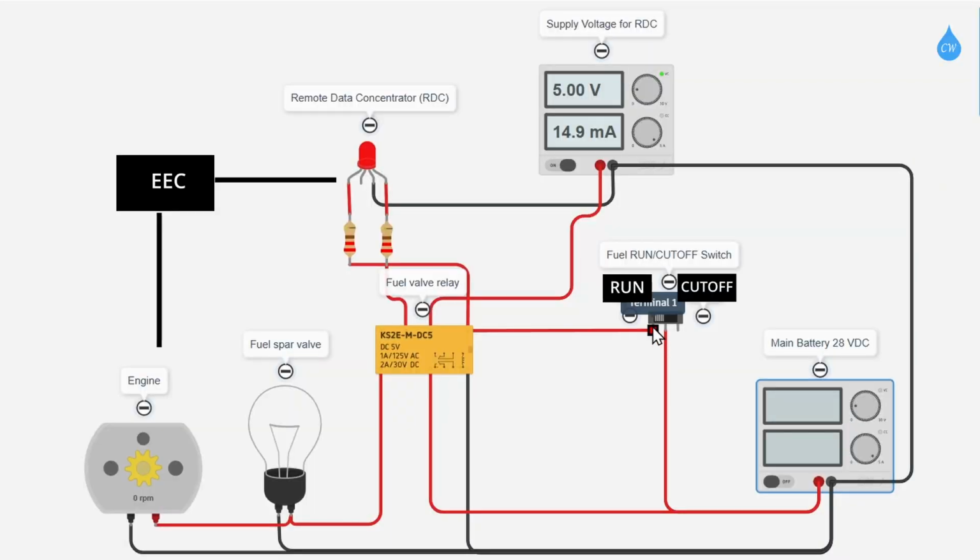It expects a voltage signal. So if I move that switch to off, on, nothing happens. That RDC still detects that the switch is in the cutoff position. So how to make this work again? You have to supply that voltage to that fuel cutoff switch, and then that RDC is going to see the signal.